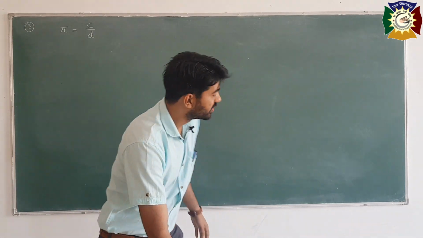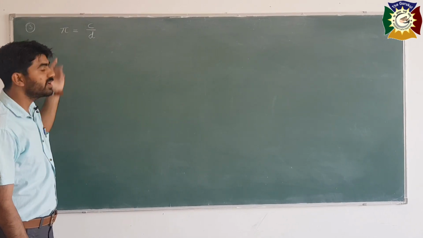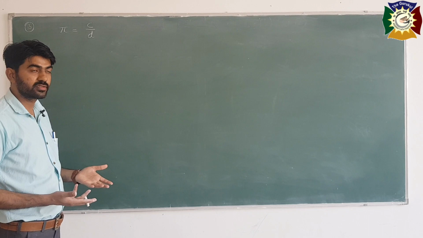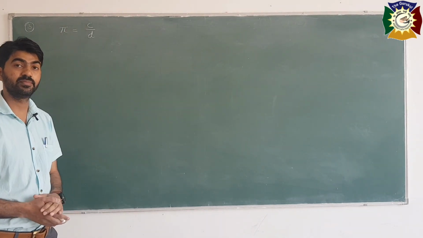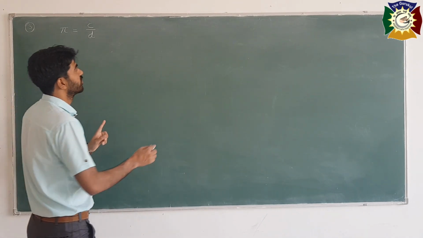By this, it looks that pi is in the form p by q, and it should be rational then, but pi is irrational. How can it be? What is the condition for rational?